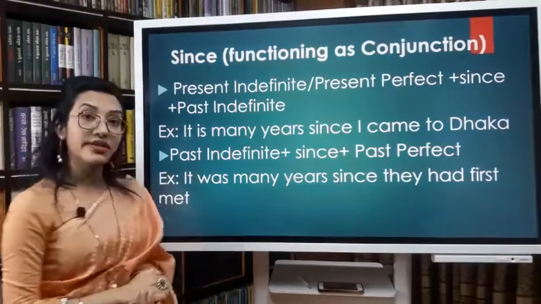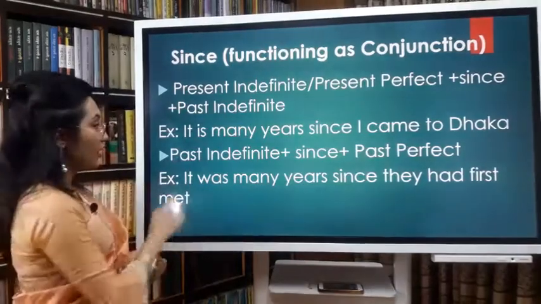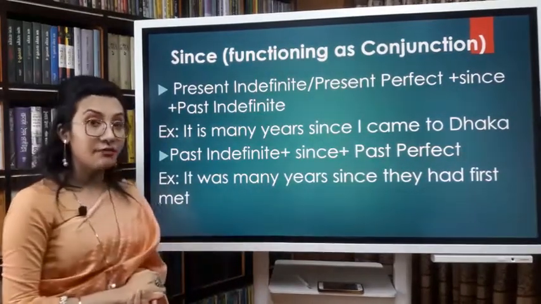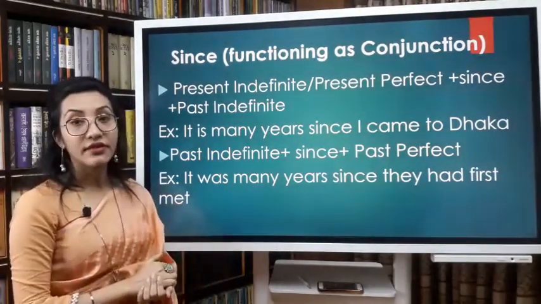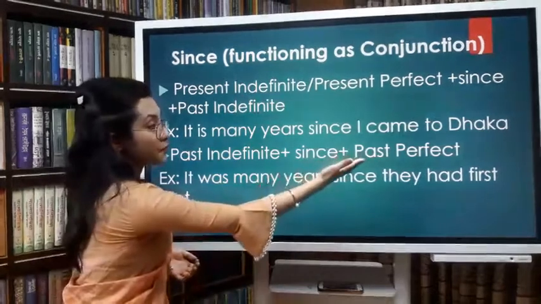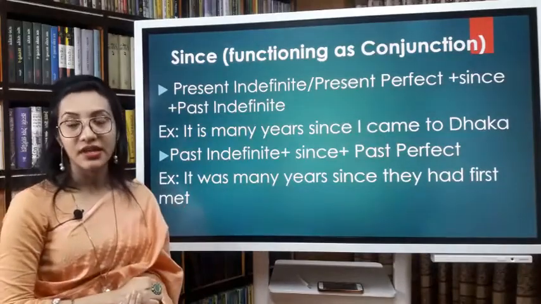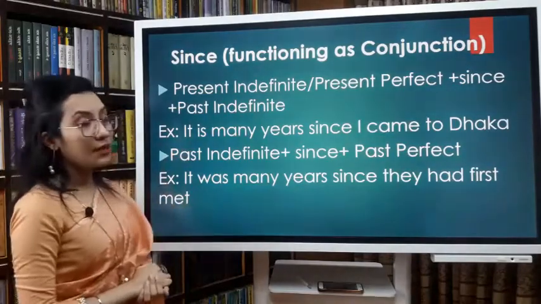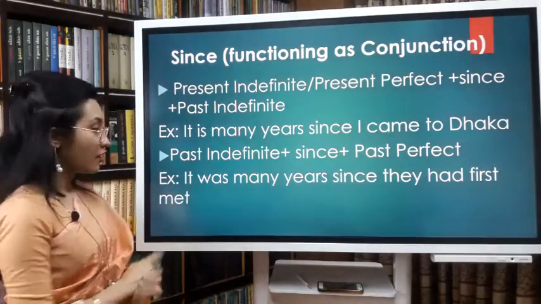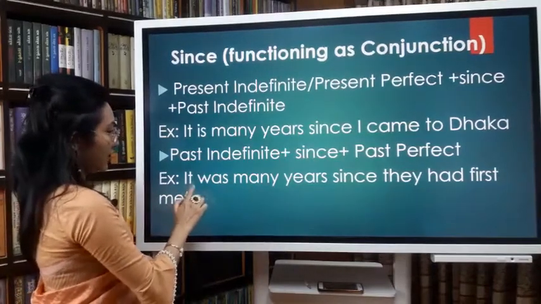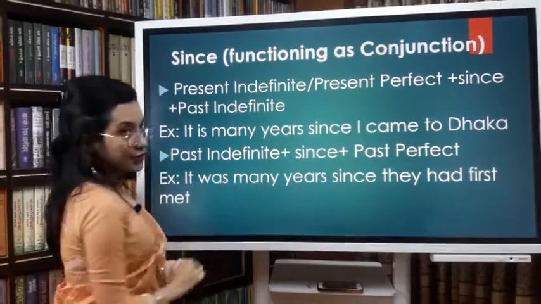Now let's look at the second structure. If you have past indefinite before since, then we are going to use past perfect after that. আগে যদি past indefinite থাকে, তাহলে পরে আমরা কি লিখব? Past perfect. For example, it was many years.